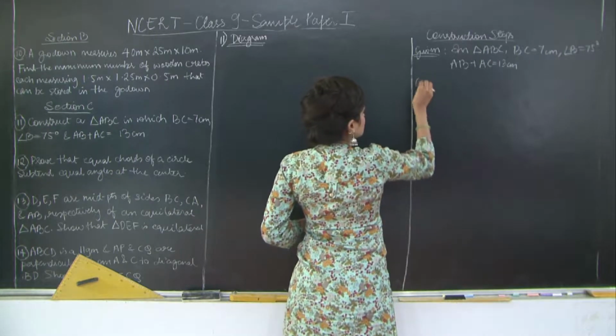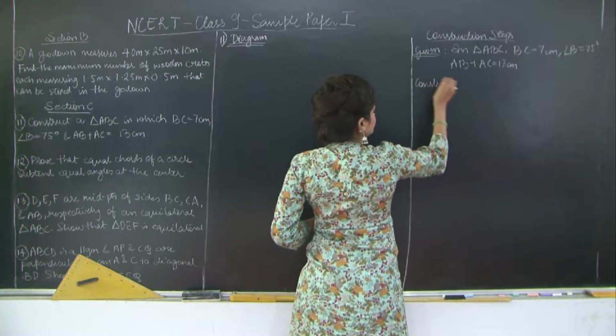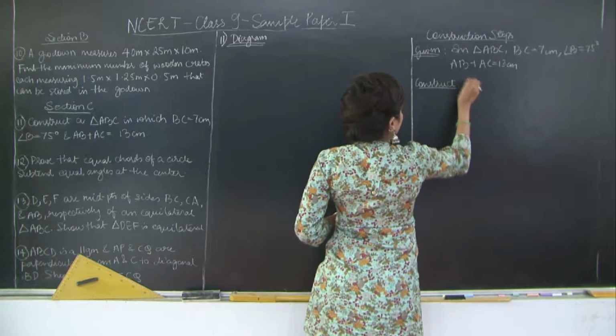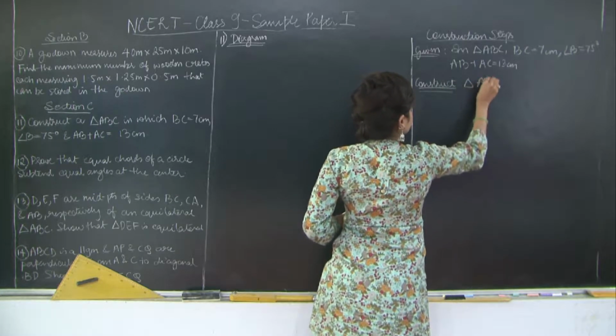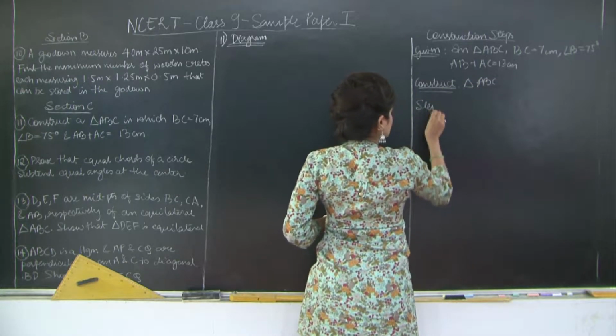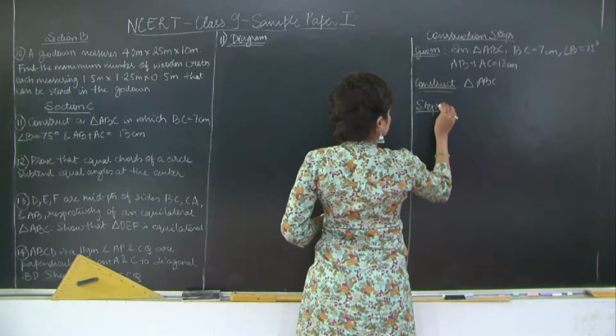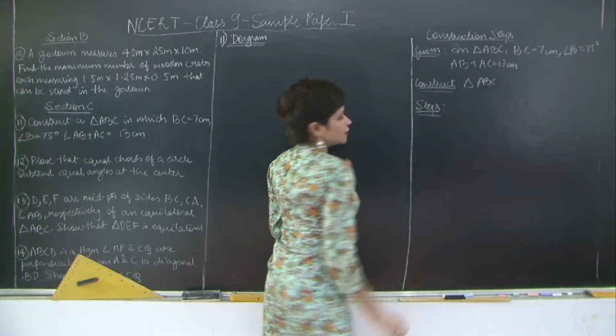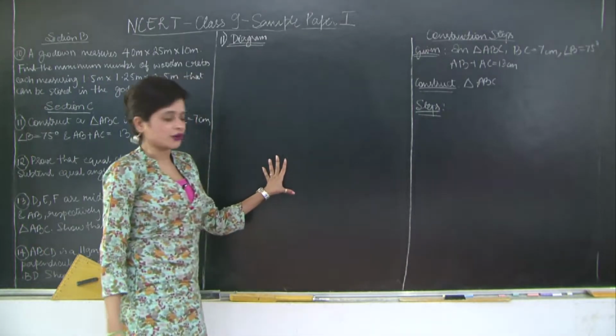We need to construct triangle ABC and I will say steps. So why is this part of the board empty? Because we are going to do the construction.